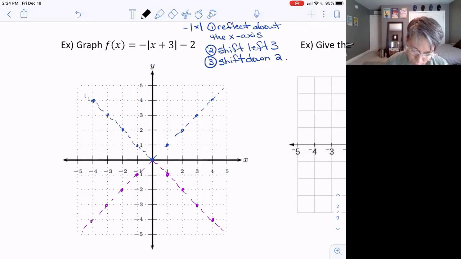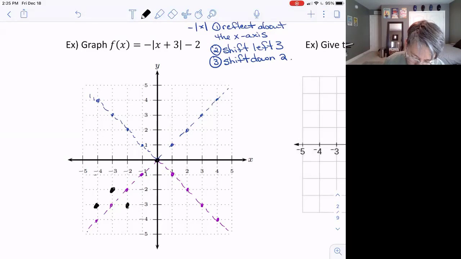So I'm going to start at my origin here, and I'm going to shift it to the left 3 and down 2 right there. And my next point on the left, I'm going to shift it left 3 and down 2 here. And if you remember, we haven't really stretched or compressed anything, so all of those slopes are going to be the same.